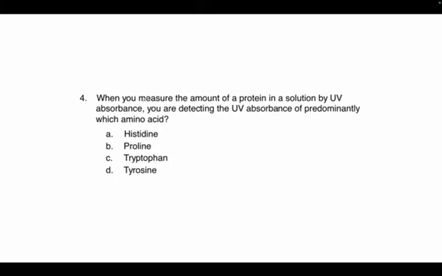Okay. When you measure the amount of protein in a solution by UV absorbance, you are detecting the UV absorbance of predominantly which amino acid. So the most common method of protein quantification is to measure absorbance at 280 nanometer.